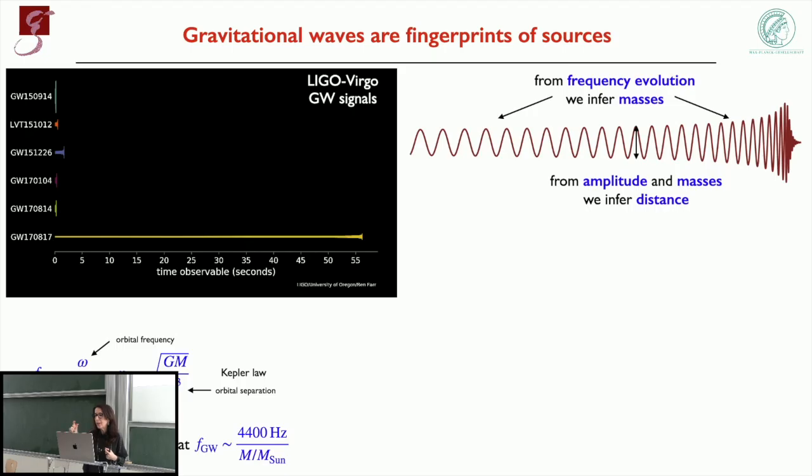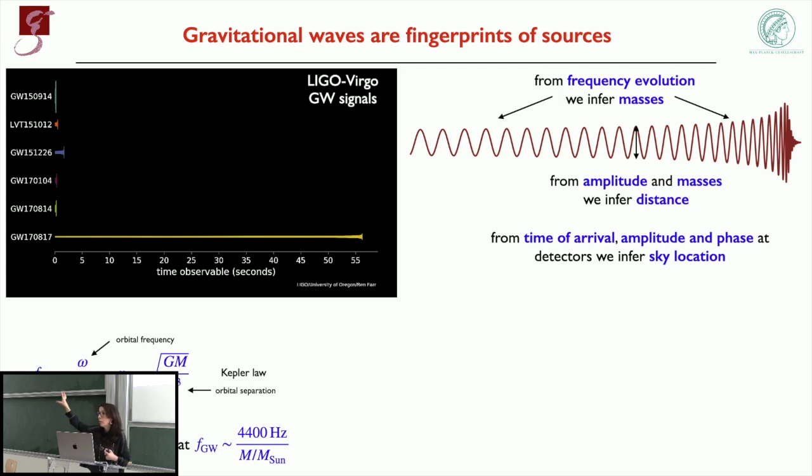From the amplitude and the masses, we can reconstruct the distance of the source with respect to the Earth. If we can record the waveform in, for example, 3 detectors, the Virgo and the 2 LIGO, we can determine the localization in the sky of where the source was.